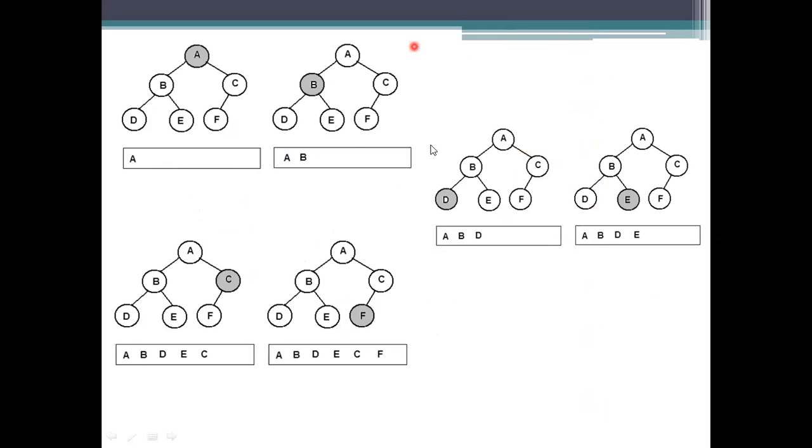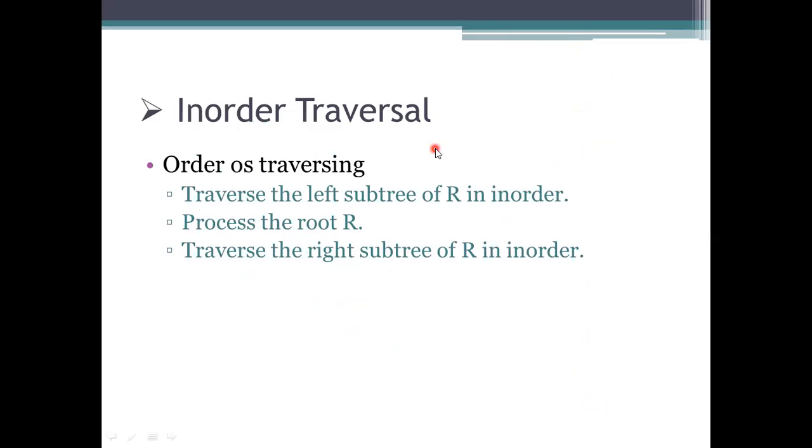And coming to the next one, in-order. In-order traversing means, as I said, in between we need to traverse the data. So in between of that one, left and right subtree, we need to process the data there. That is the root one. So first visit the left and then root and then right there.